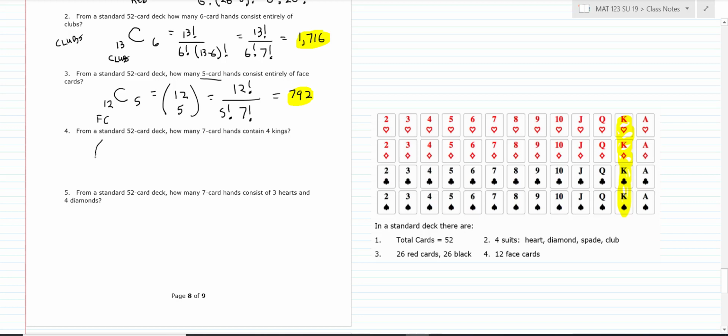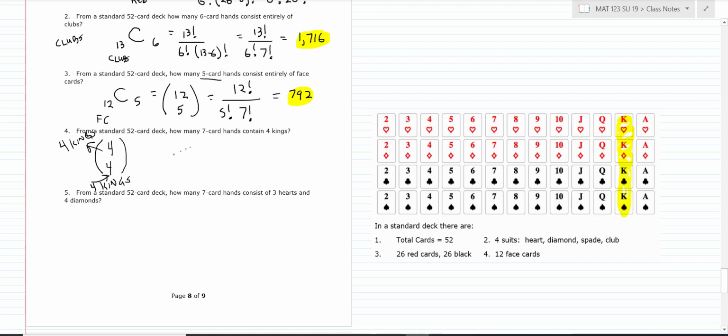So first of all, you are getting 4 kings. Now that's going to be 4 taken 4 at a time. There are 4 kings that have to be chosen from the 4 kings in the deck. So that's what that is then. In fact, there's only one way to do that.